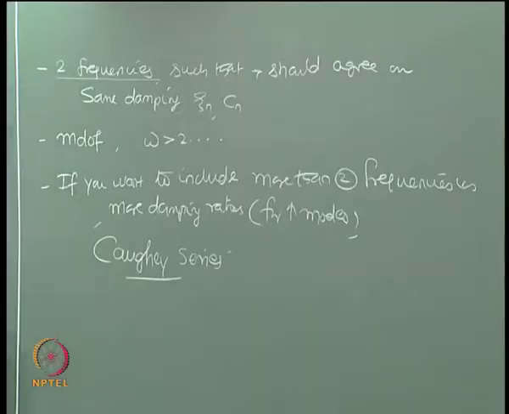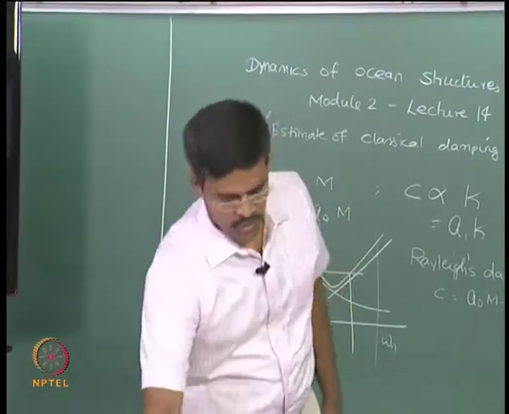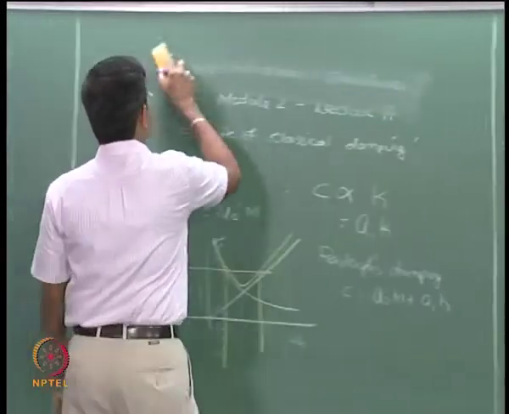Caughey proposed a method by which you can include higher frequencies also, or higher damping ratios in modes. So, let us see how this can be handled. We will solve a problem and see how this can be applied to find out zeta and C for a given problem.